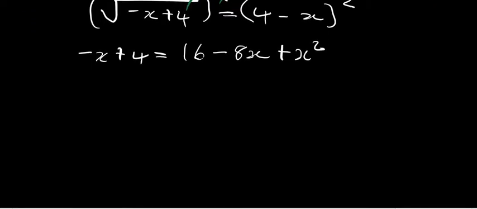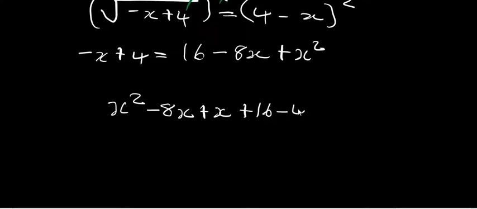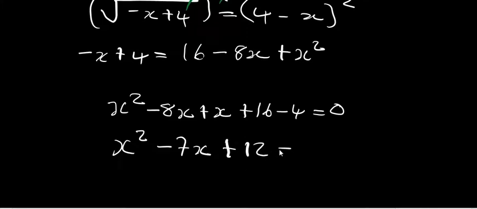Okay, so from here you can take these guys to the other side. So it's going to be x squared minus 8x plus x plus 16 minus 4 is equal to 0. So from here you're going to have x squared minus 7x plus 12 is simply equal to 0. All right.